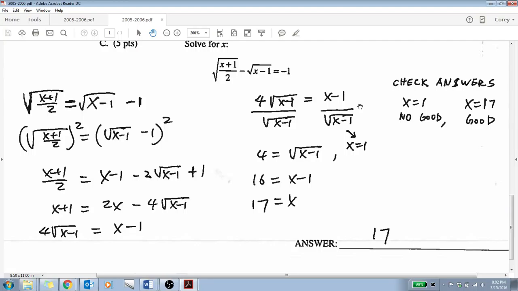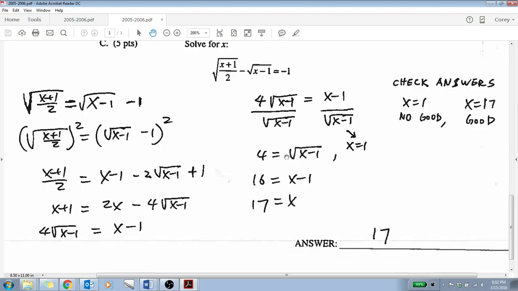Either is the same, and either way, when I add the exponents, I'm left with x minus 1 to the 1/2 power. So I have 4 equals x minus 1 to the 1/2 power, which is the same thing as a square root. If you're not sure how to work with fractional exponents, you may want to brush up on that.